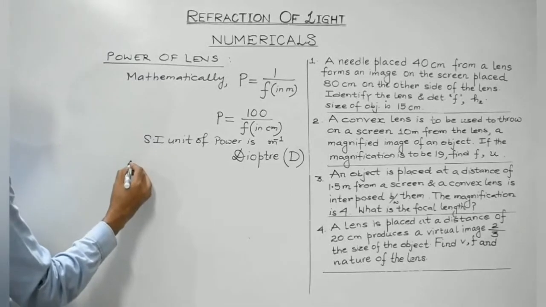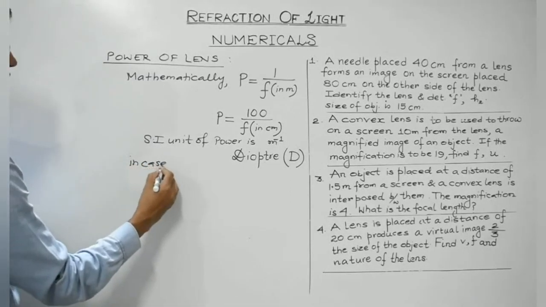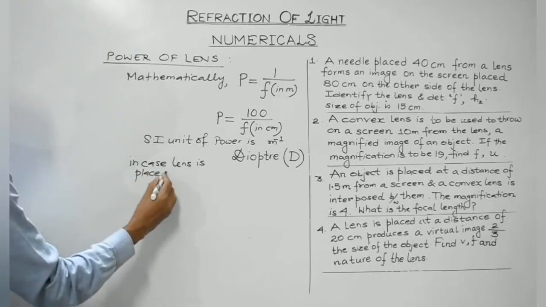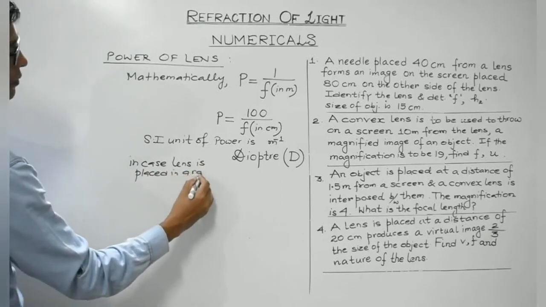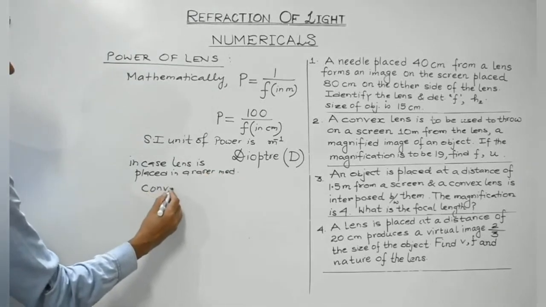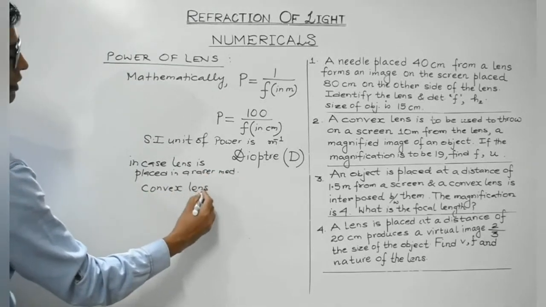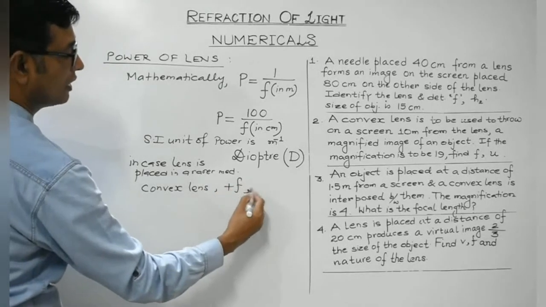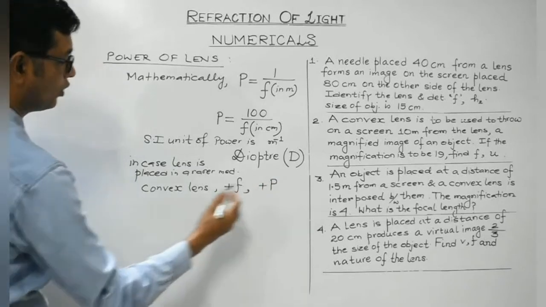So in case a lens is placed in a rarer medium, a convex lens has positive focal length, and accordingly its power would also be positive.